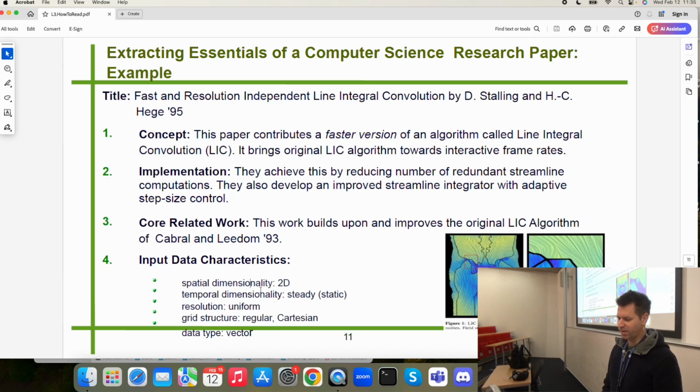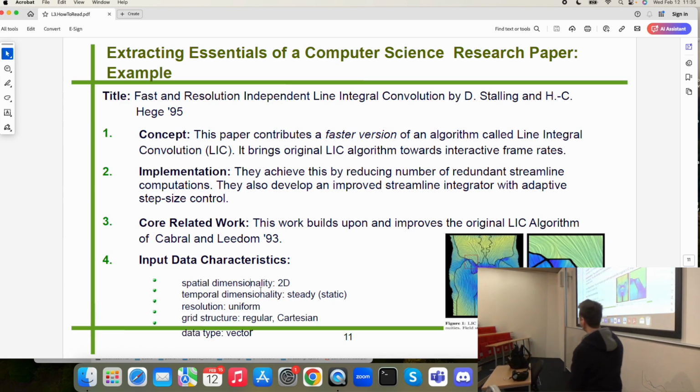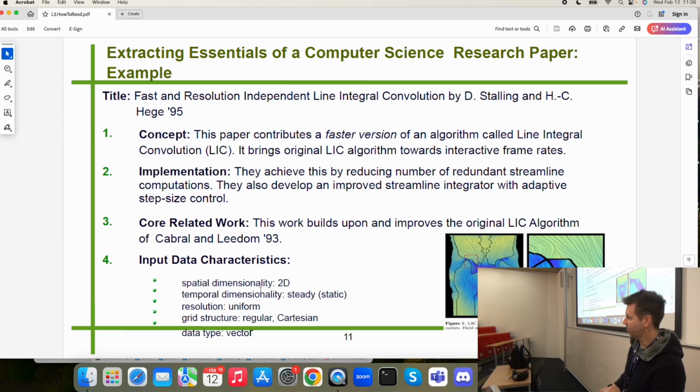So here's an example. This example is not going to be that exciting for you because you haven't tried to read the research paper yet. You're only seeing the results of this extraction process.